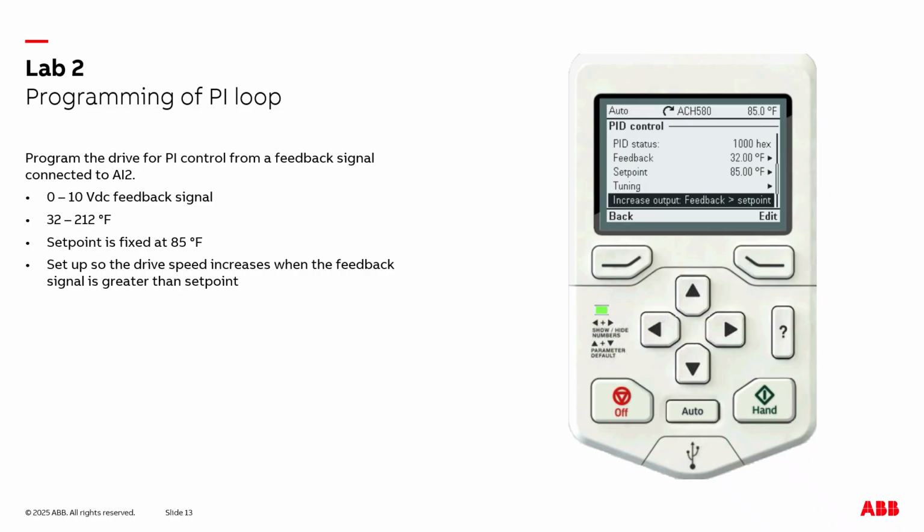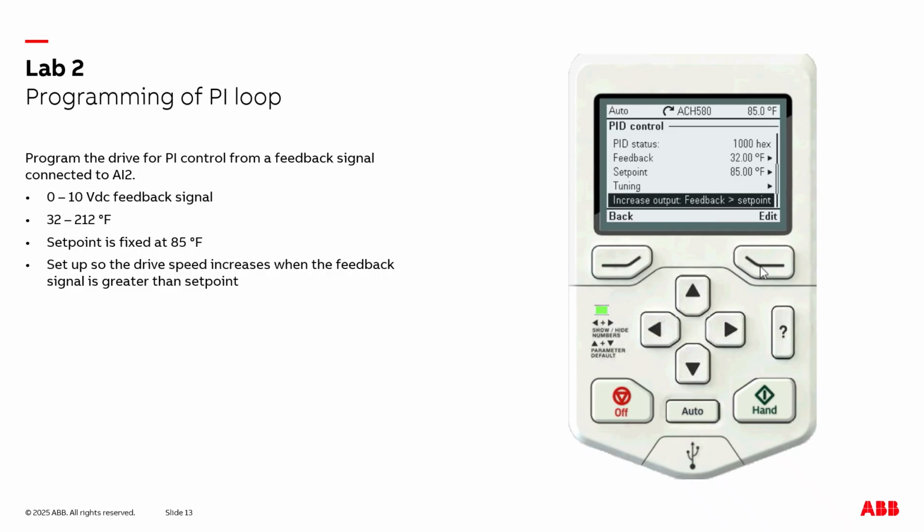Down here, this is the last bullet point. Increase output, feedback is greater than set point. The ACH580 drive defaults so that for a cooling tower application, when the feedback signal, let's say, for example, reaches 90 degrees Fahrenheit, that is greater than 85 degrees Fahrenheit, the drive will increase and attempt to run the motor faster and faster, attempting to cool the water for a cooling tower application.